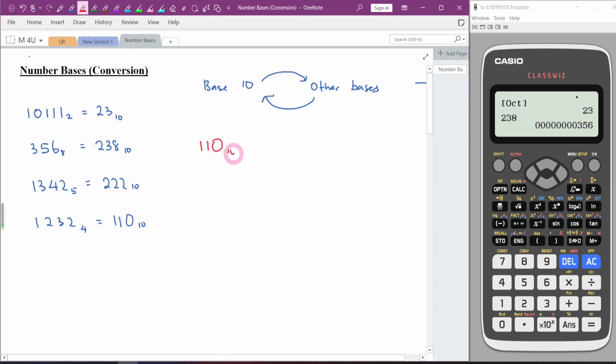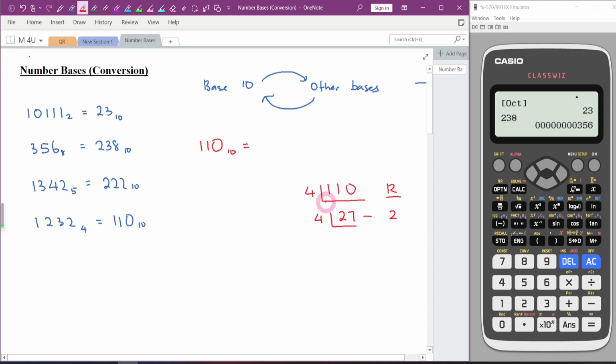110 base 10 convert to base 4. 110 divided by 4, right? Because I'm going to convert it to base 4. Okay, so I just do it mentally. If you feel hard to do it mentally, you can just write down.